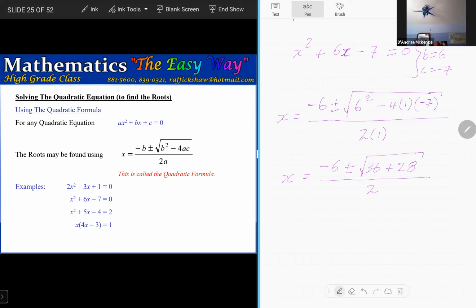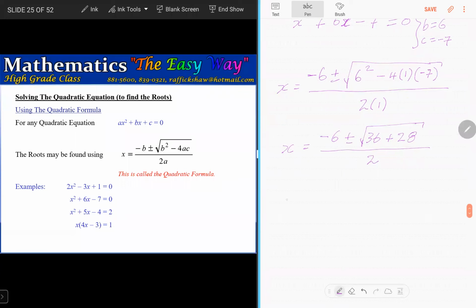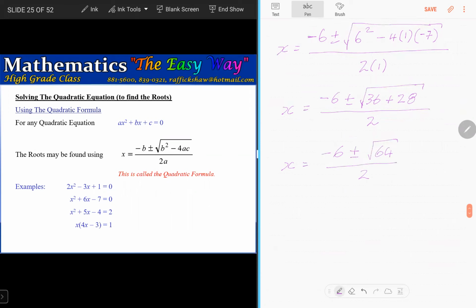All right. So where are we now? All right, good. So far so good, everybody? And so x equals minus 6 plus or minus the square root of, now 36 and 28 is actually 64. Yeah, that's 64. Square root of 64 divided by 2. Now everybody knows the square root of 64 is 8. So we can remove the square root sign and put 8.